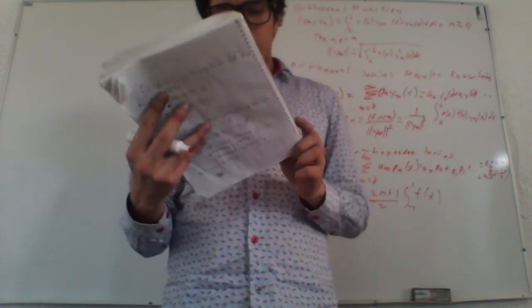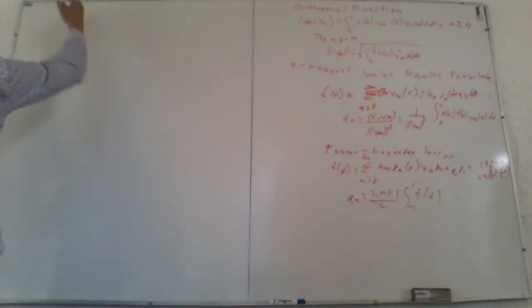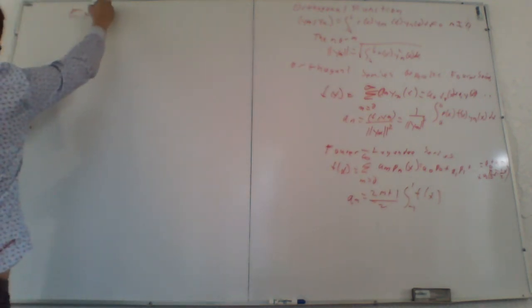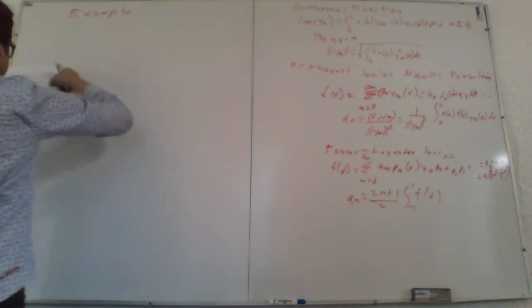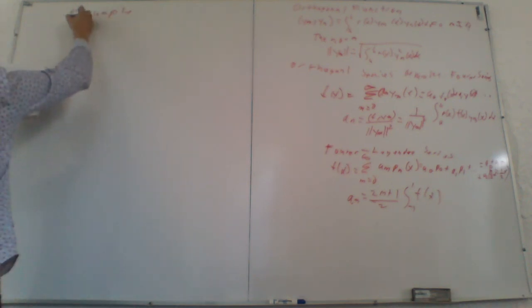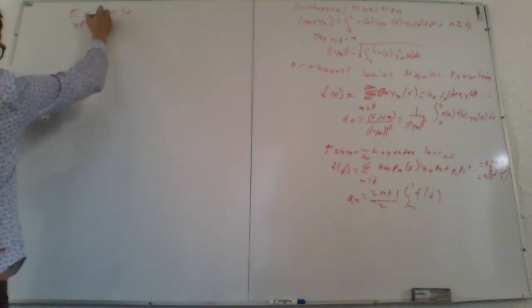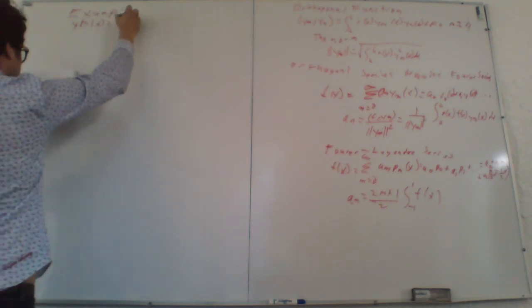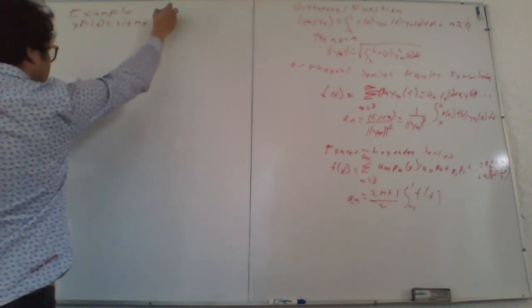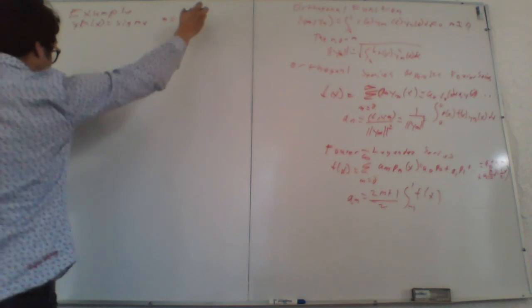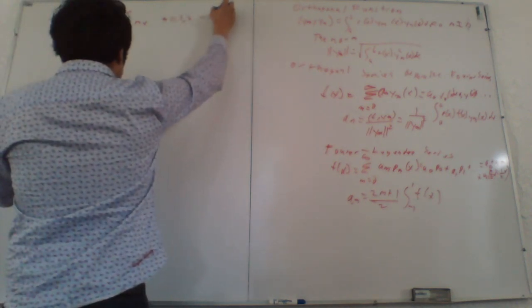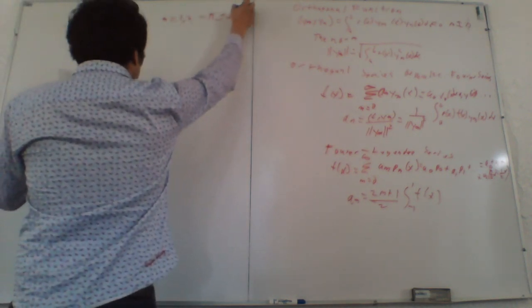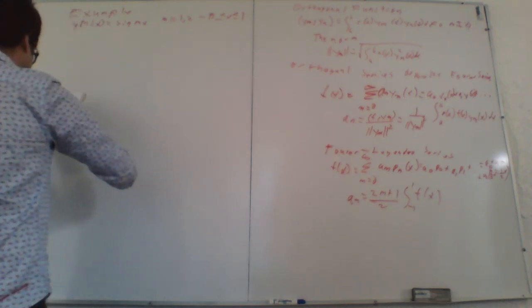of orthogonal functions. Example. We have y_m(x) equals sine of mx, m equals 1, 2, from minus pi to pi. Okay?